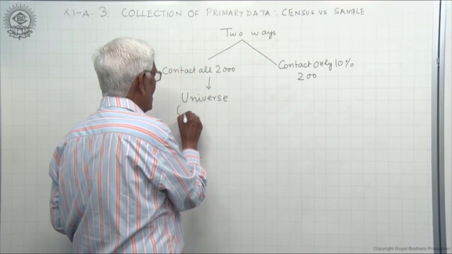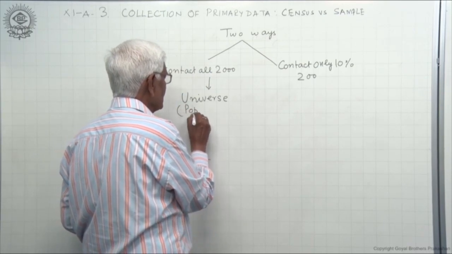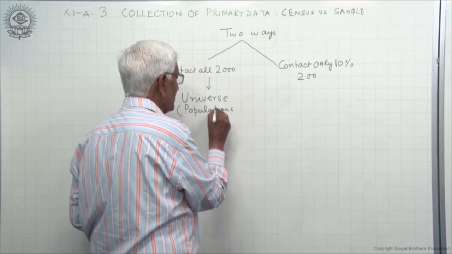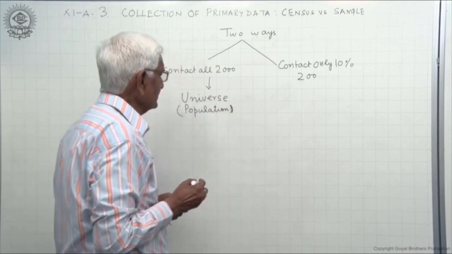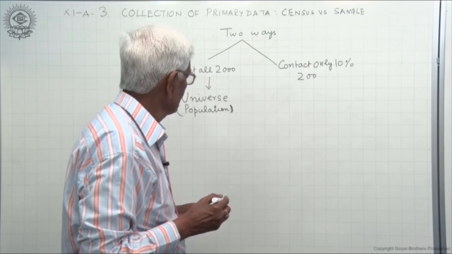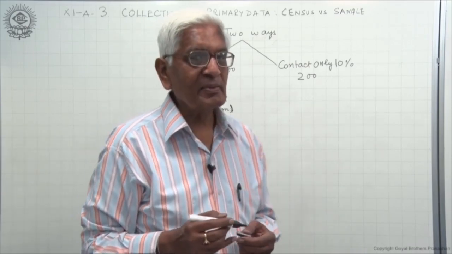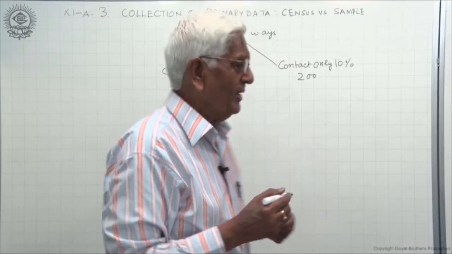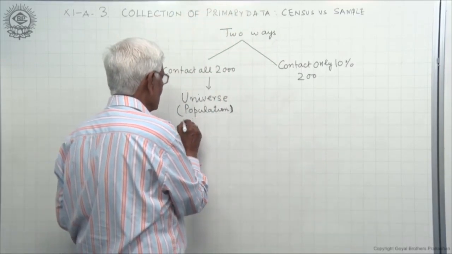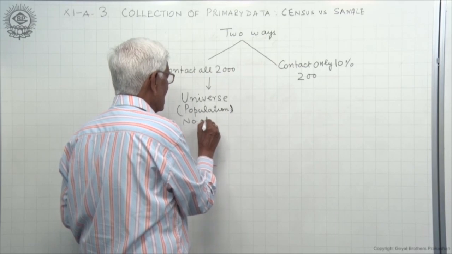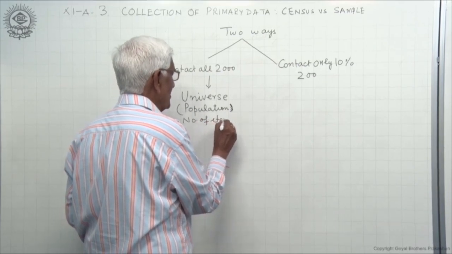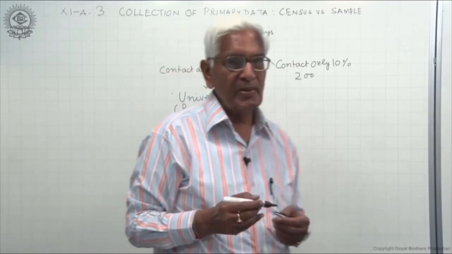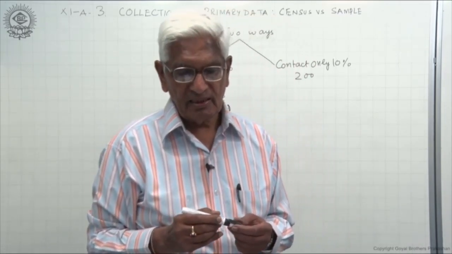It is also called population. Population here does not mean number of people. Population here means number of items to be covered in the survey. There may be people, there may be things, there may be anything.